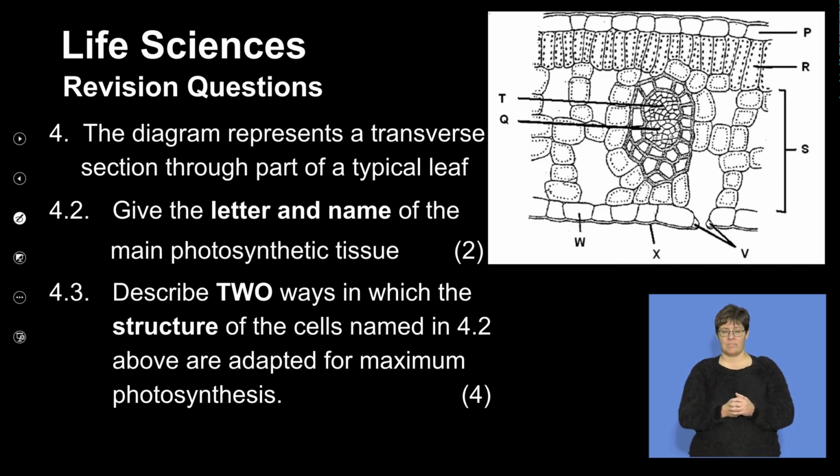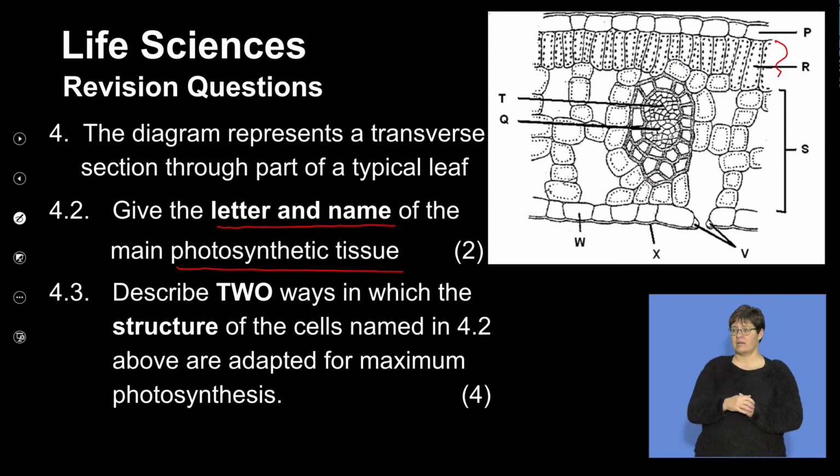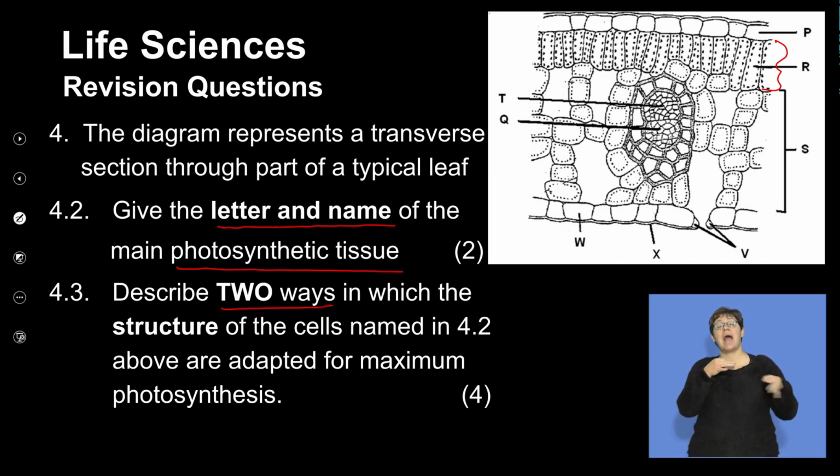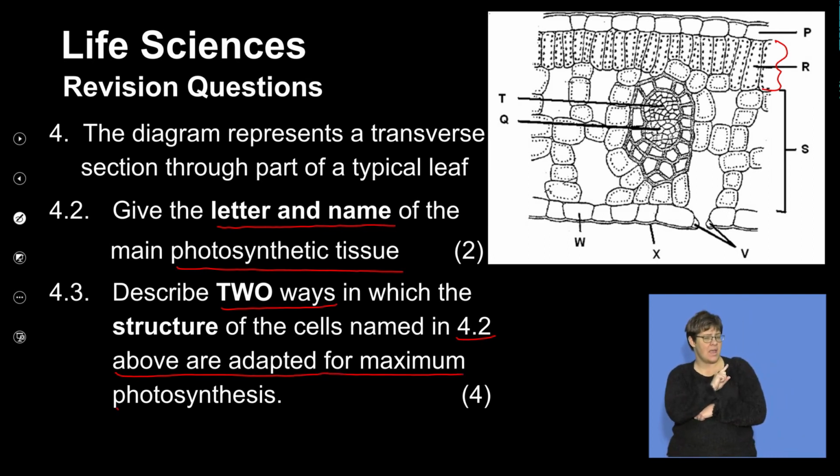Then, next thing you have to give the letter and name of the main photosynthetic tissue. And the main photosynthetic tissue here is R, which is the palisade mesophyll. Then it takes you further because you now have to describe 2 ways in which these cells are adapted for maximum photosynthesis.